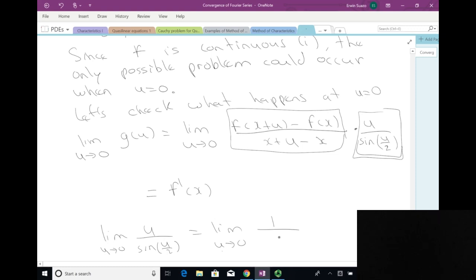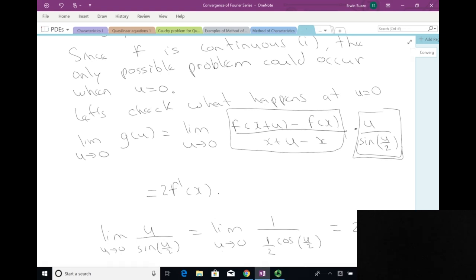The derivative of sine is cosine u divided by 2, and the derivative of u divided by 2 is 1/2. Right? So when you plug in 0, you get 2, because cosine of 0 is 1, and 1 over 1/2 is 2. So that's 2 times f prime of x. Okay? So this limit is 2 times f prime of x.